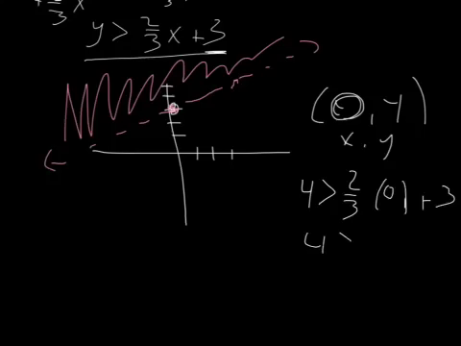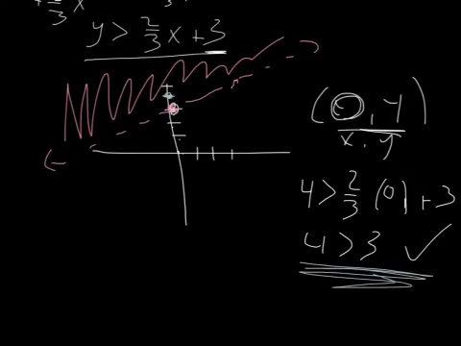That'll give us 4 is greater than 3, which is true. Now if I look over here on my graph to the point 0, 4, it will have 0, 1, 2, 3, 4. That point is right here, and it's included where I shaded. And this time, notice it's true instead. So I know that this area by that point should be shaded, which we have right there.